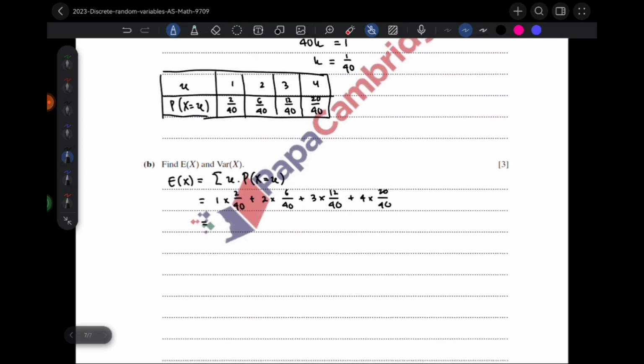Okay, so we have 2 over 40 plus 12 over 40 plus 36 over 40 plus 80 over 40. This gives us 13 over 4, or this equals 3.05.